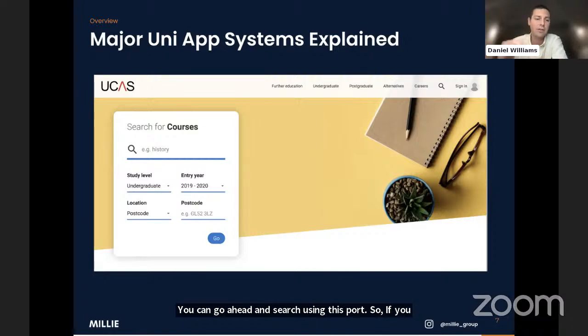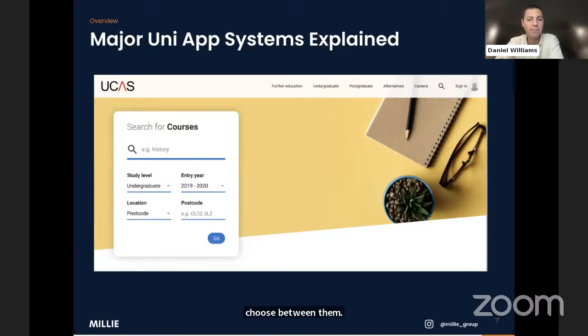You can choose undergraduate at the study level, as well as the entry year that you plan to join. You can even narrow the search down by location. So you could enter in the postcode or the specific address. Let's say you only want to study in London, and that will narrow down your choices, and then you can choose between them as to which one you want to apply for.